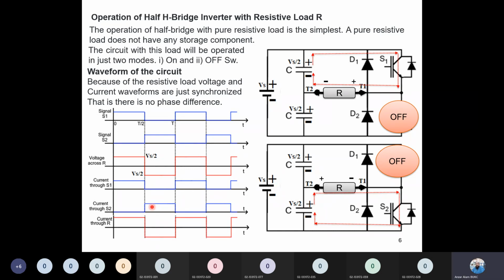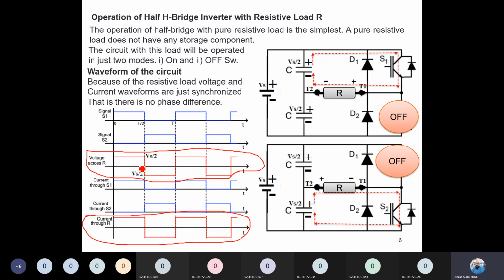Okay, the current through R. See, this was the voltage across R, and the current through R is there. So both are basically in sync.